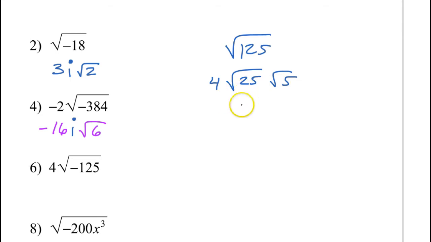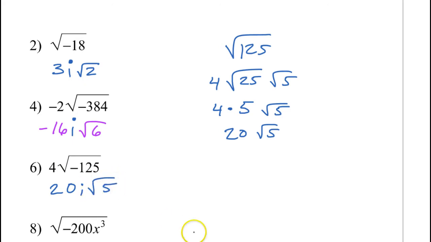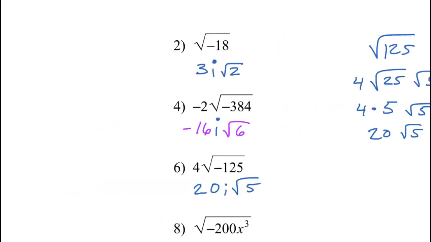The square root of 25 is 5. So that gives me 4 times 5 times the square root of 5. 4 times 5 is 20, so that's 20 radical 5. Because of the negative sign, I know that that will be an i. So I've got 20i radical 5 for problem number 6.